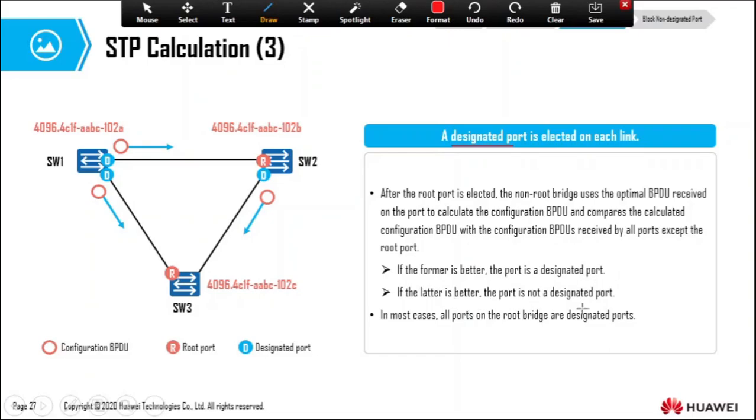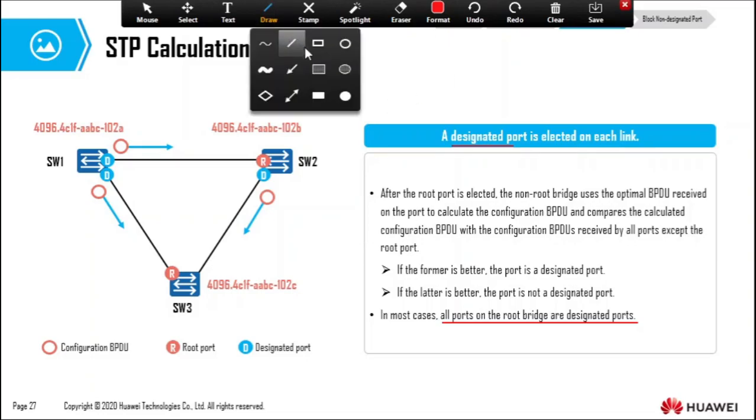If the latter is better, the port is not a designated port. They end by saying that in most cases, all the ports on a root bridge are designated ports. So let's just understand that all ports on a root bridge are designated.